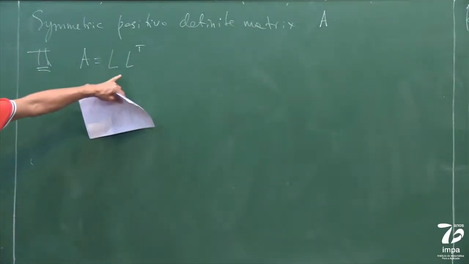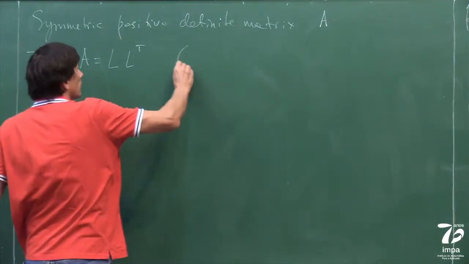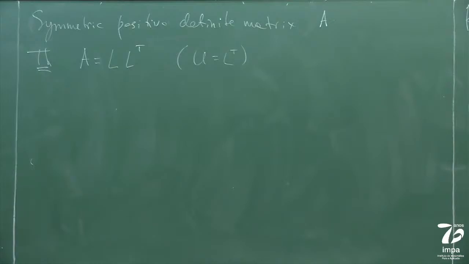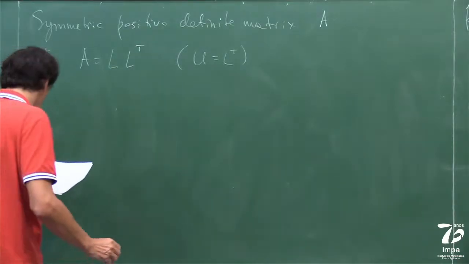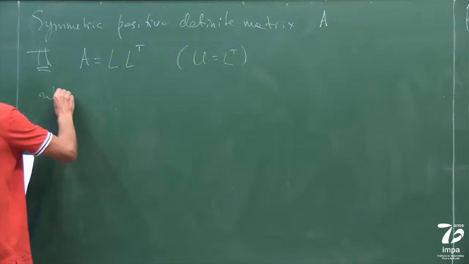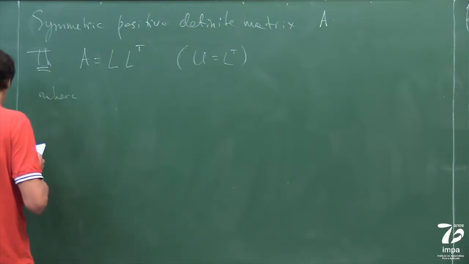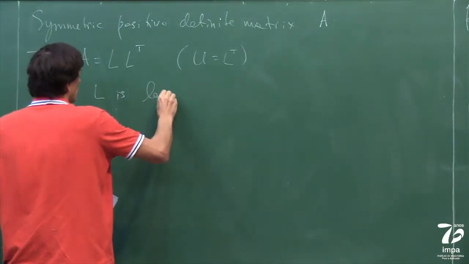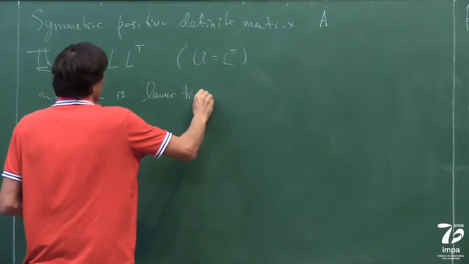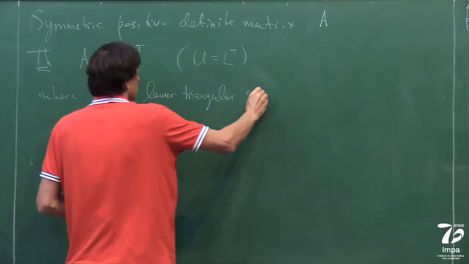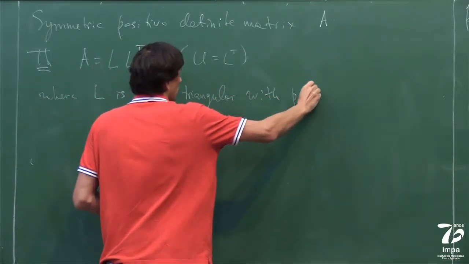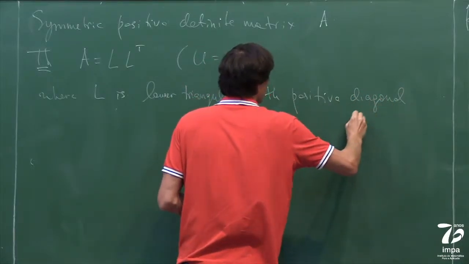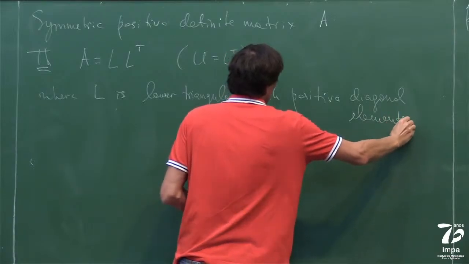In that case, you see the upper triangular matrix is just the transpose of the lower triangular matrix, where L is lower triangular with positive diagonal elements.